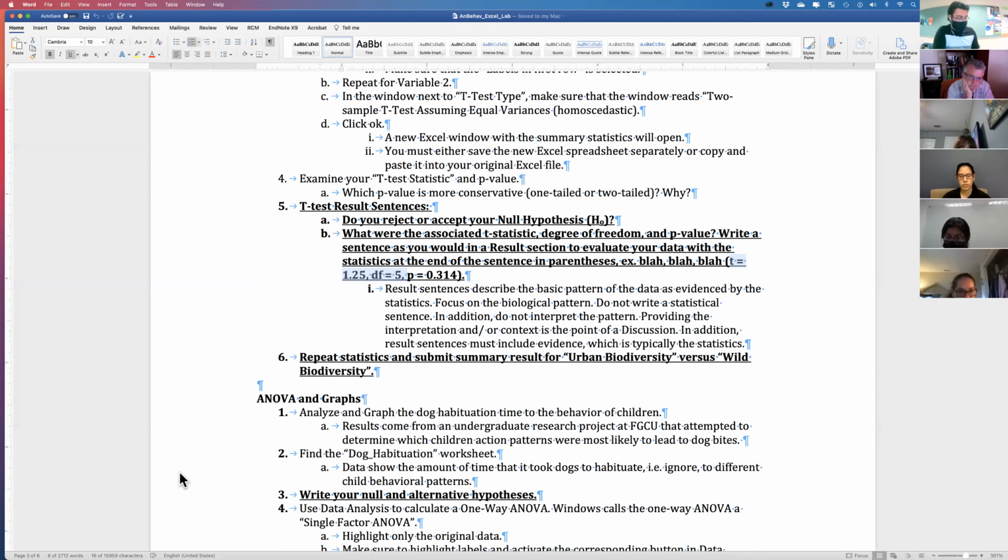I haven't written a sentence yet, but based on the information I got, I said we will reject the null because our p-value is less than 0.05. Is that an accurate statement? I would say yes, it is. That is a perfectly accurate statement.